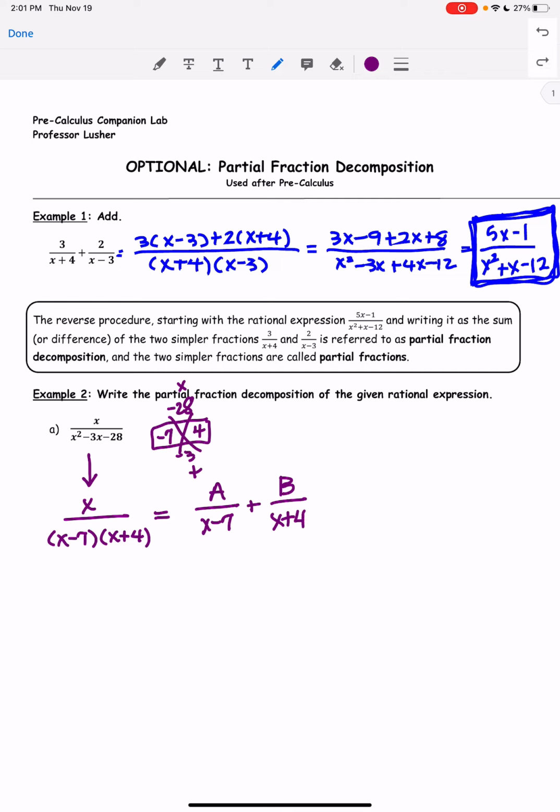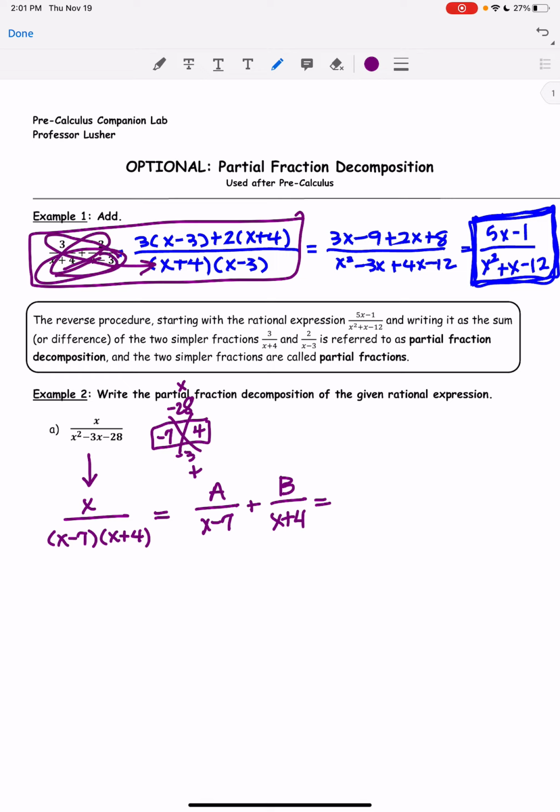Then I need to add these together. And so we're going to do what we did right here. Multiply diagonally, that goes on the top. The bottom multiplied together is on the bottom.